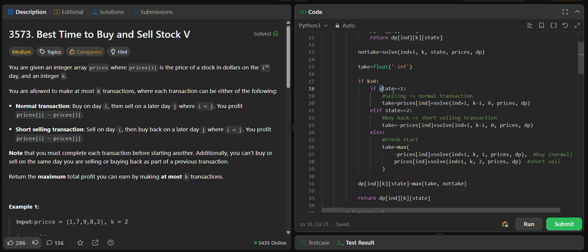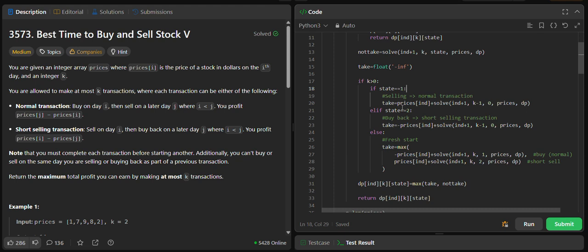Now we are checking what kind of transaction this is. Is it a normal transaction? By checking if state equals 1, then take will be prices[index] plus solve(index plus 1, k minus 1, 0, prices, dp). Okay, so in a normal transaction, the buy has already been done and we are going to sell.